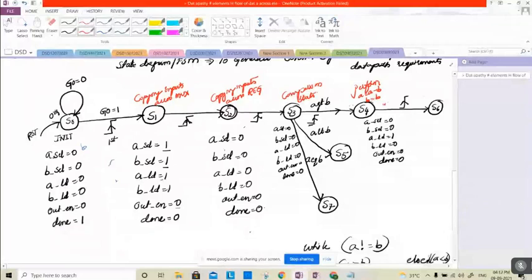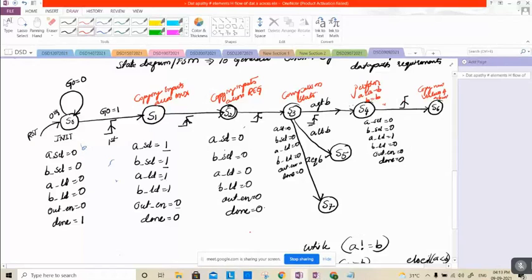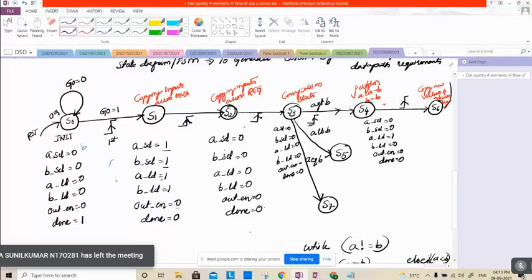In S6, what will happen is we copy the new values of A comma B into the register. Right, copying is done. After copying, what should happen? Then again the loop repetition should happen.